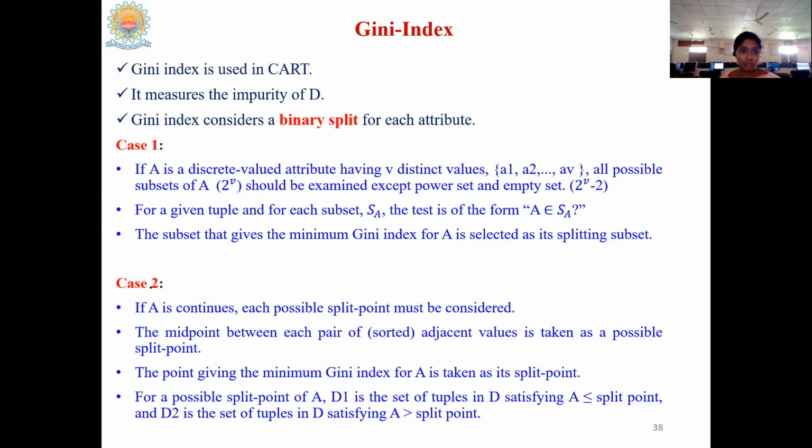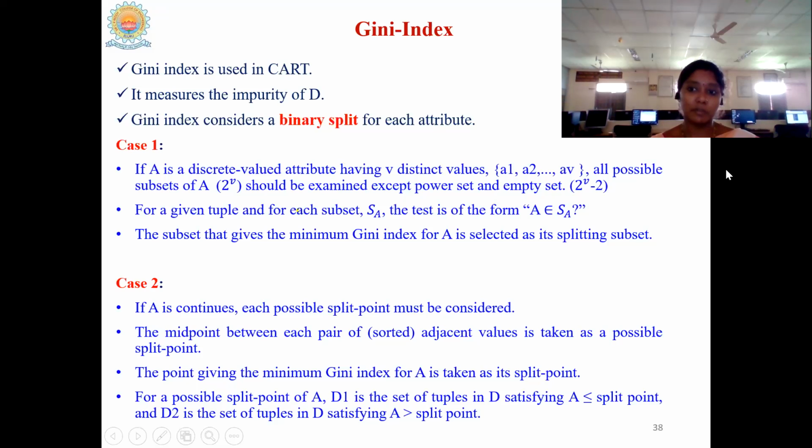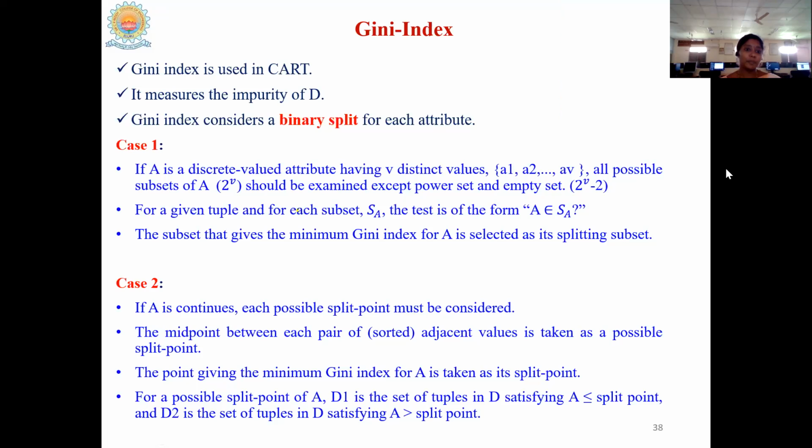Coming to the GINI index, it is used in the CART algorithm, and it measures the impurity of D as usual, like the previous methods we have. The GINI index considers a binary split for each attribute. And we have two cases here. Coming to case one, just observe carefully.